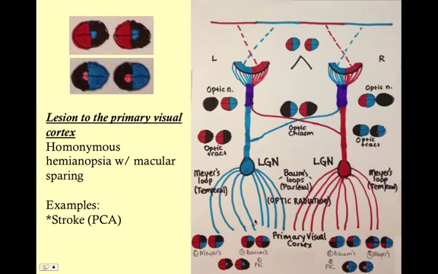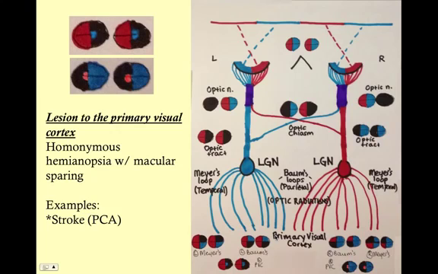The difference, however, is that there's a few neurons that make up the middle part of your visual fields, both on the left and on the right, that are fed vascularly by both the left and the right PCA.